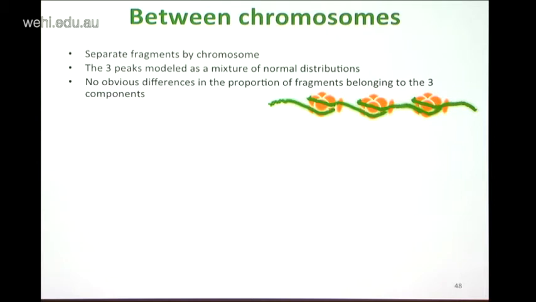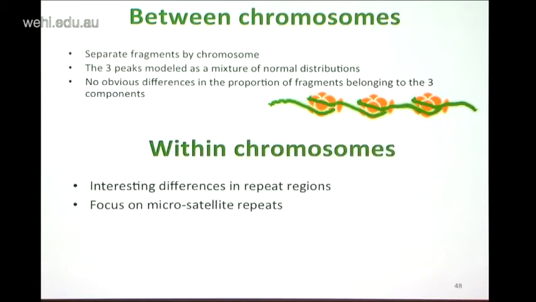We wanted to see whether the proportions that belong to that first, second, and third peak were the same between chromosomes, and we used a mixture model set up to do this. What we found out was that the proportions that belong to that first mononucleosomal peak were the same between chromosomes, and it was the same for the other two components as well. There were no obvious differences.